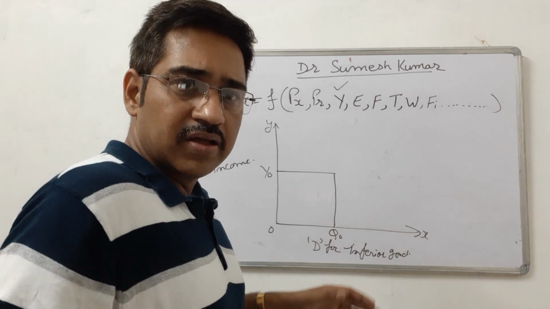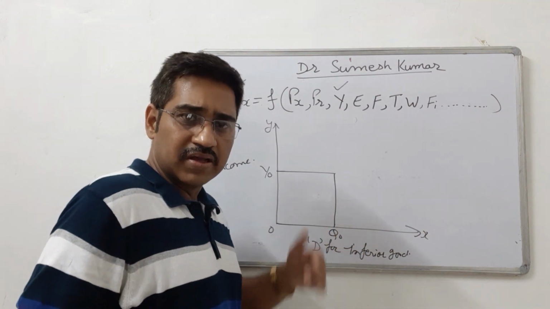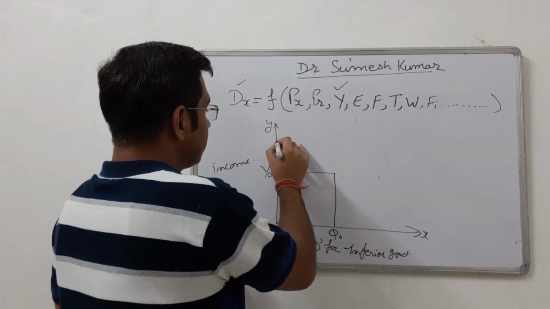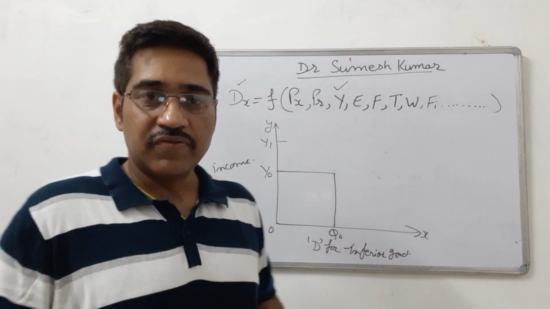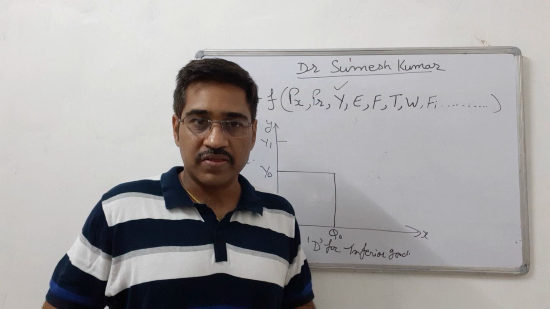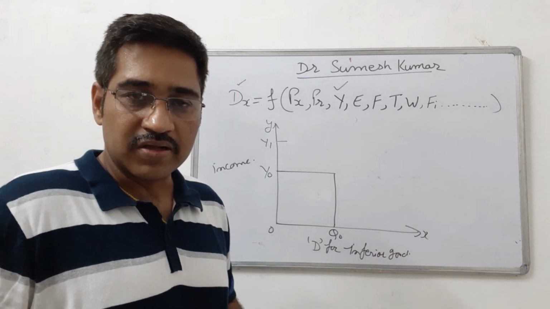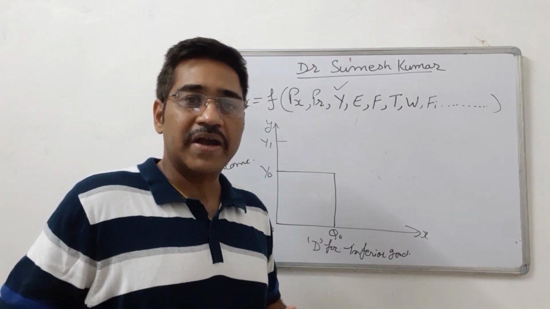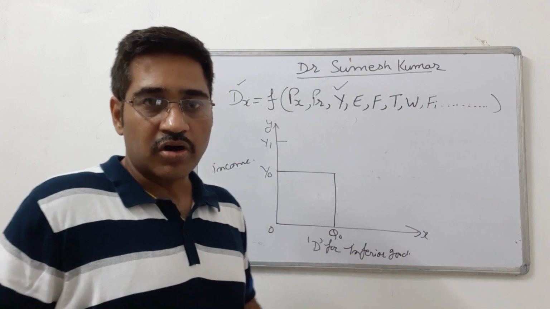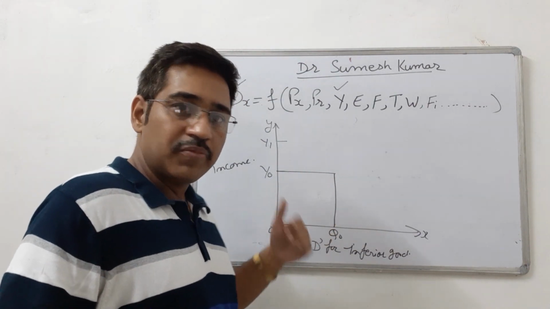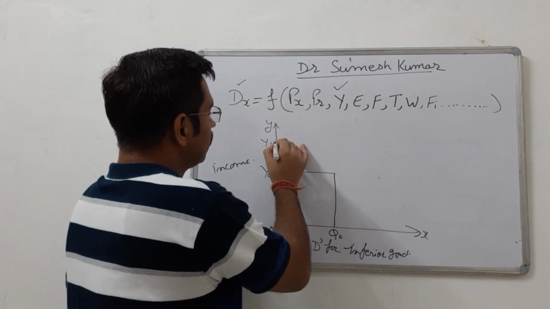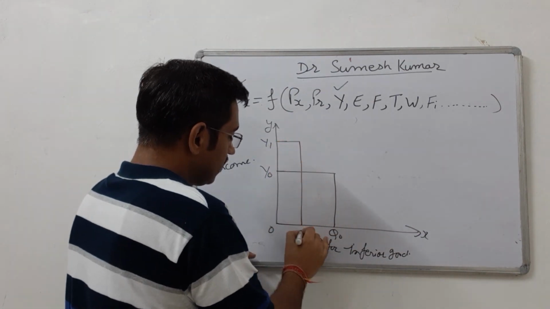Suppose this is a bicycle in our example. When income goes up from OY0 to OY1, it doesn't mean that we will purchase 2 more bicycles or 5 more bicycles. We will shift to some better option, that may be a scooter or bike. So demand for cycles will come down from OQ0 to OQ1.